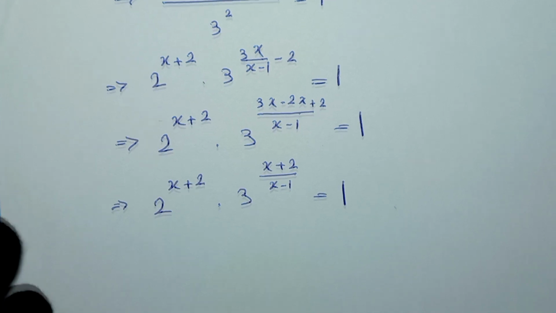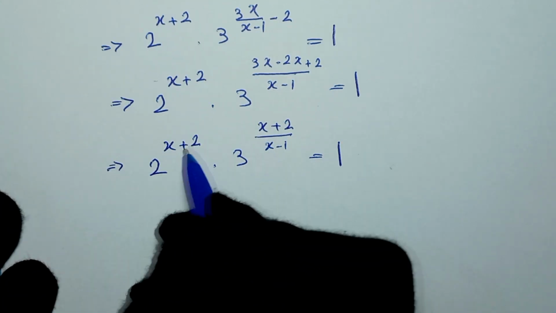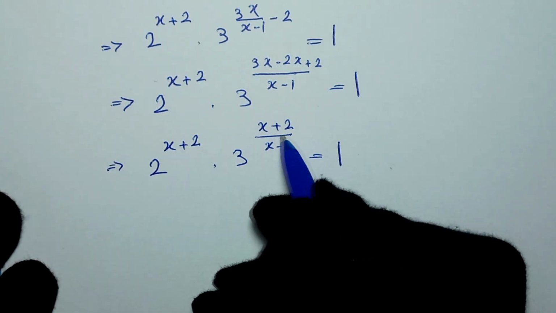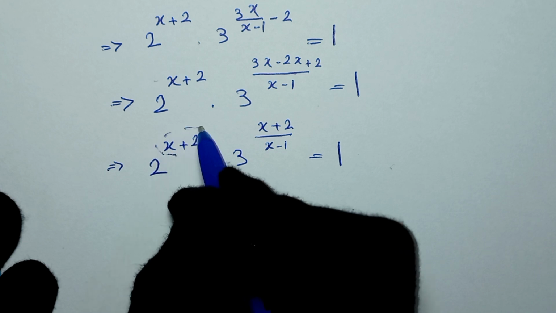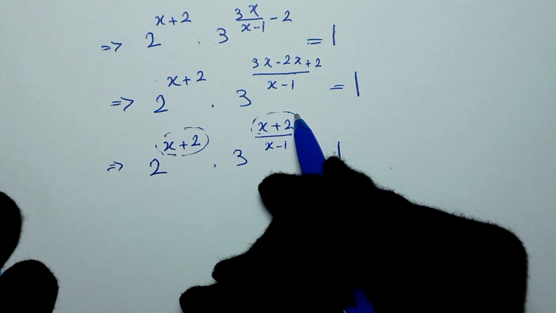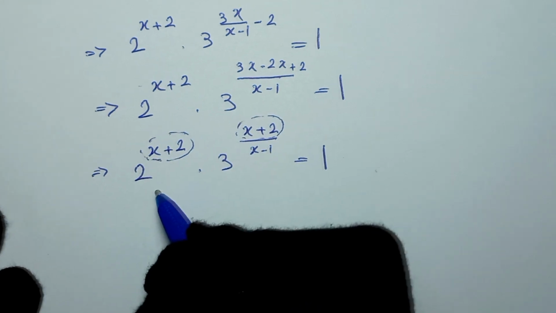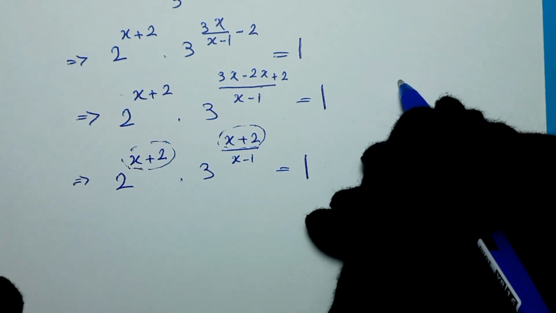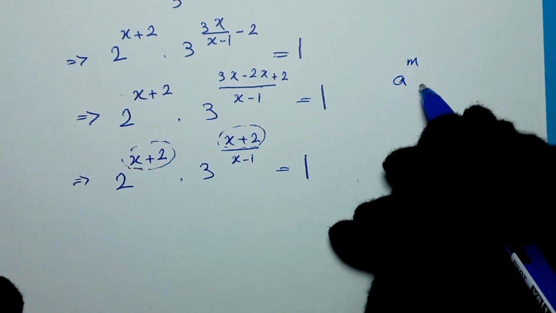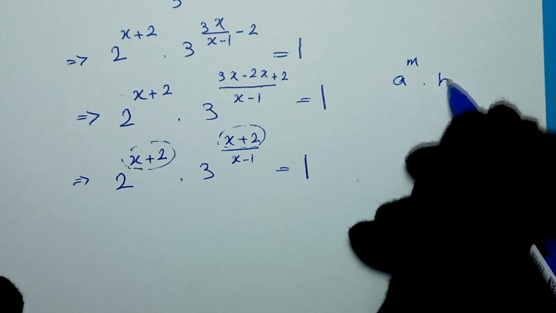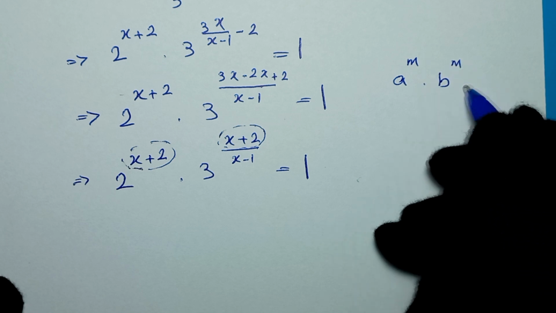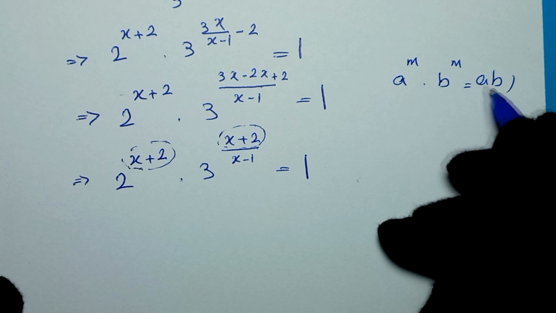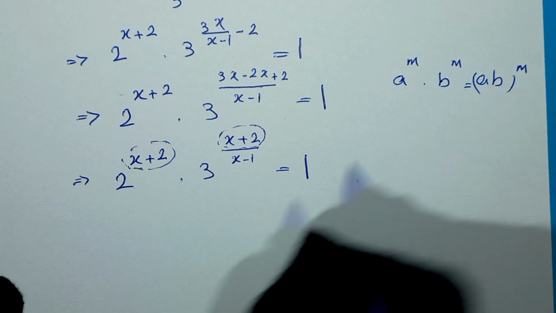And in here, if you carefully look at these powers, in here we have x plus 2 and in here we have x plus 2, and if we have a to the power of m times b to the power of m, we can write this as a times b to the power of m, right?